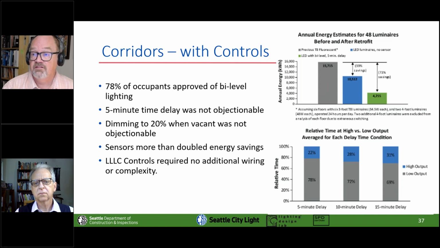So this is one of the things that is really generating the idea that in corridors, in egress stairs, places like that, we dim the lights down. We don't turn them off, we dim them down so that it never goes dark, so people never get the perception of a safety problem, but that the lights will ramp up and you're still harvesting 80% of the energy there. So Duane, I think we're back to you unless you have anything to add to that.